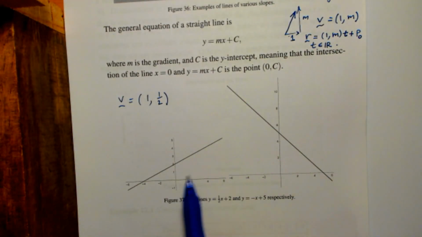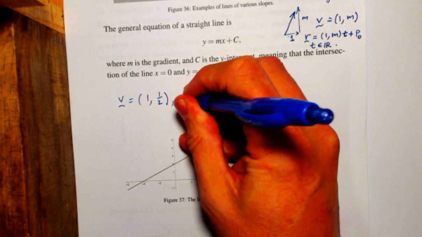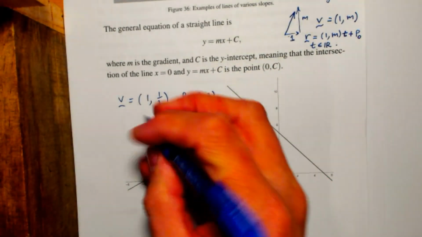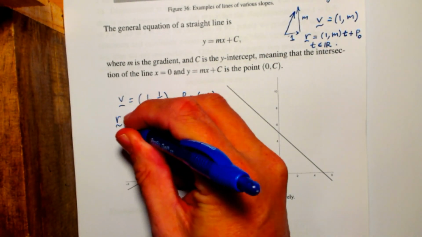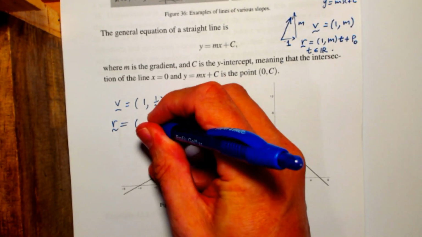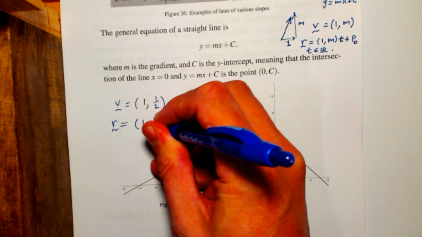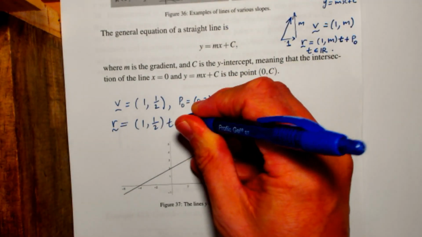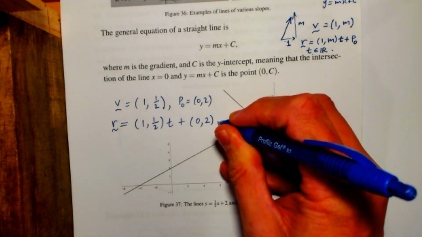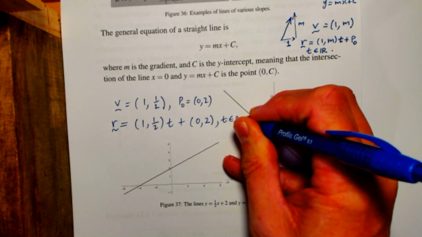Okay, and now do I have a point on the line? It looks like yes, the point (0, 2) is on the line. And so I can write the vector equation of the line like this, where t is any real number.